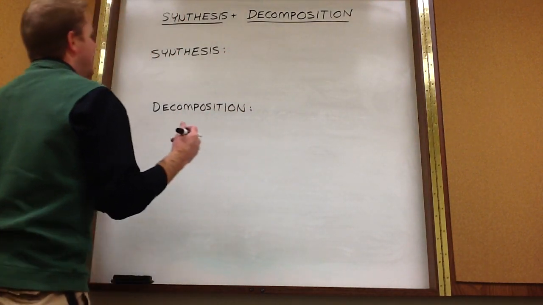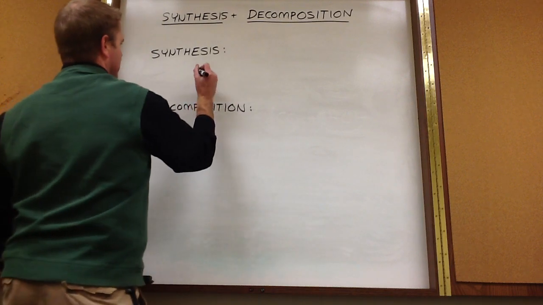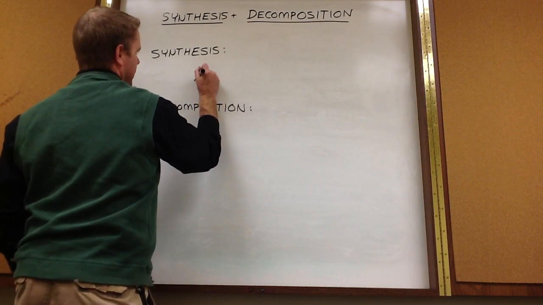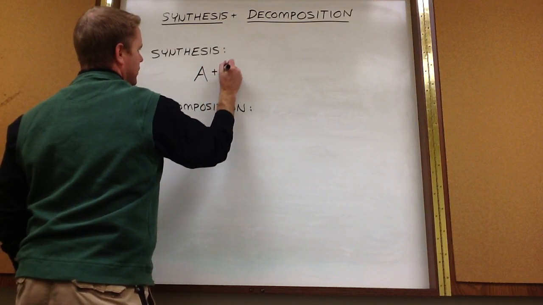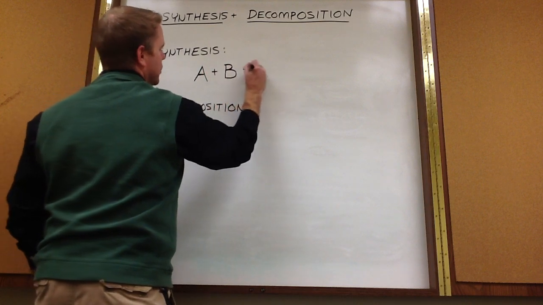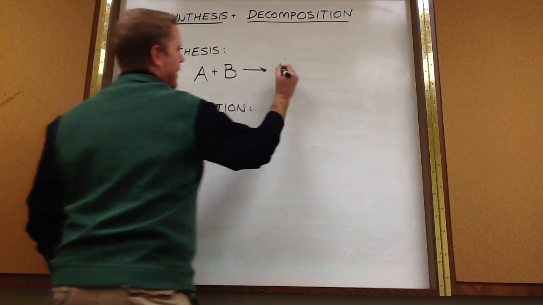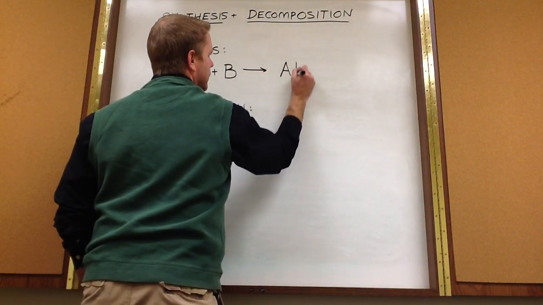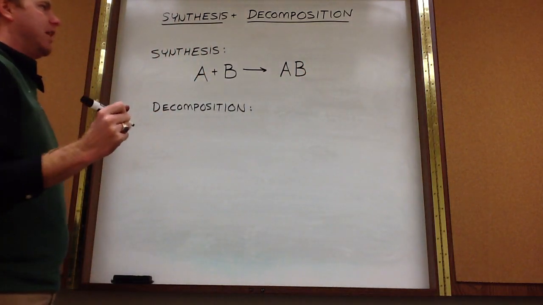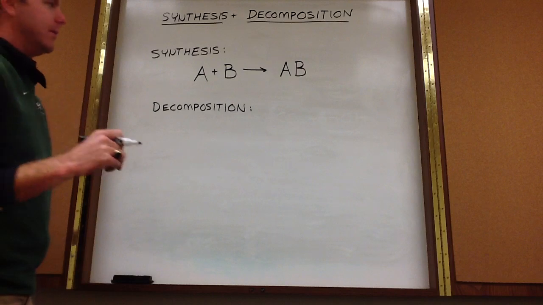So what ends up happening with a synthesis is, if we had a substance, let's just call it substance A, and it reacts with substance B, in a synthesis reaction a compound would be formed, AB. Meaning we take the two things and put them together, right?